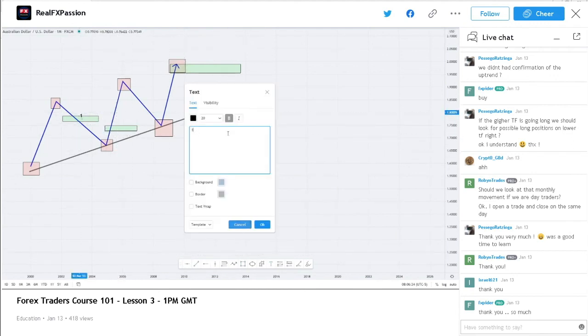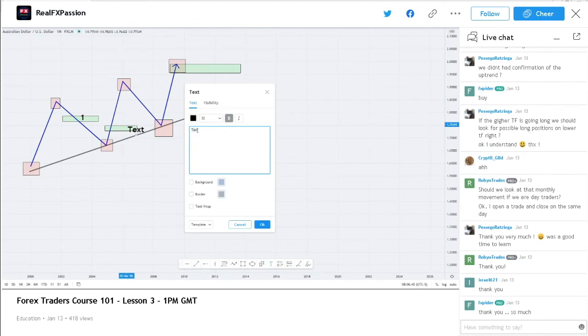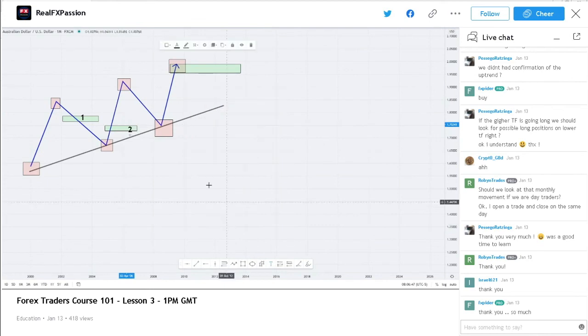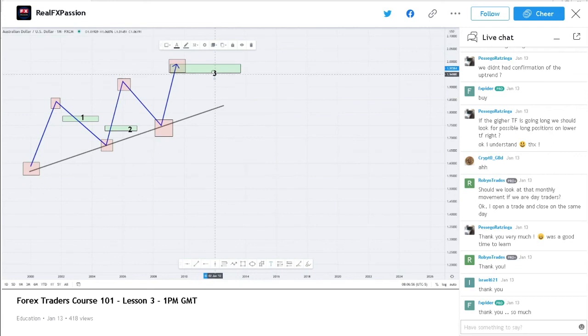Number one in here, and let's make it bigger. Would you say that number one is the best place to buy, or would you say that number two is the best place to buy an uptrend, or would you say that number three is the best place to buy an uptrend? What would you say? Let's make a poll, everybody. 1, 2, or 3.